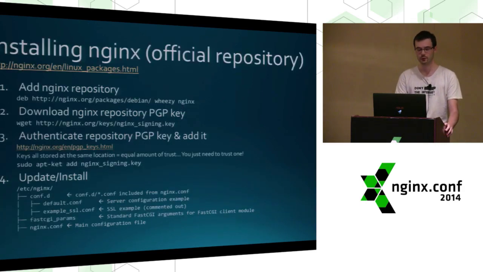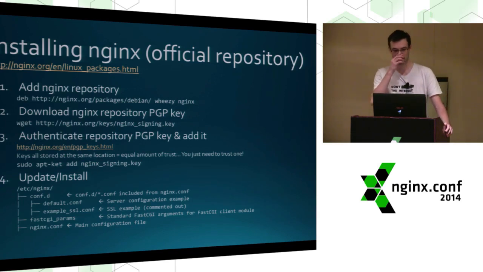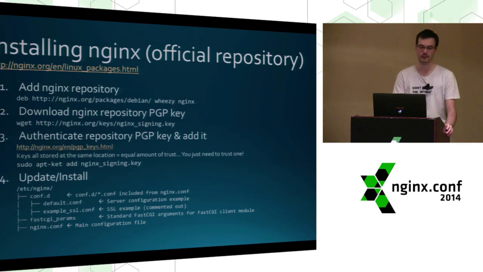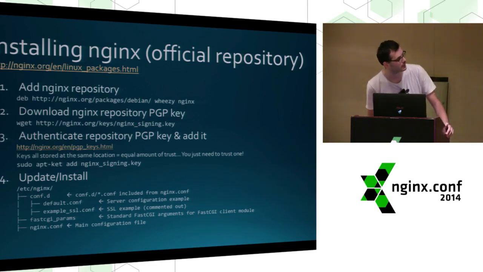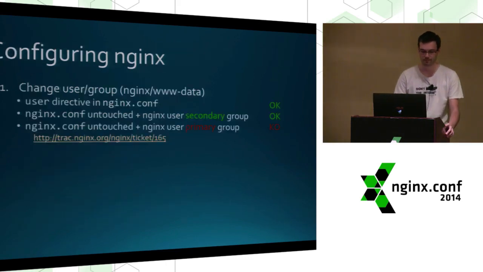I will quickly go over the installation too, because that was part of the basic training 2 days ago, and I suppose that you are already capable of installing Nginx through official packages. So I will keep it in the slides because I will share the slides with you, but I won't be explaining what you can read here. I suppose you already know everything about it.